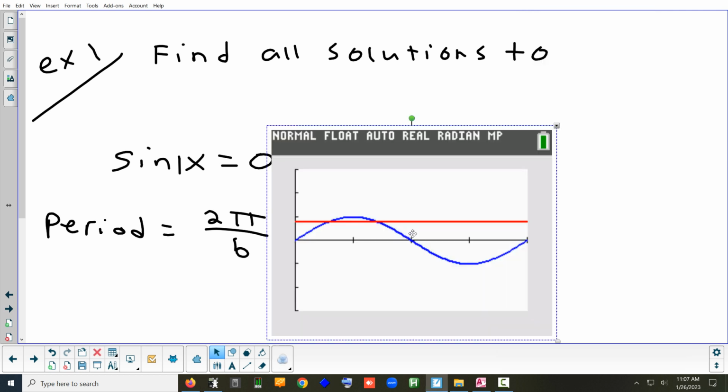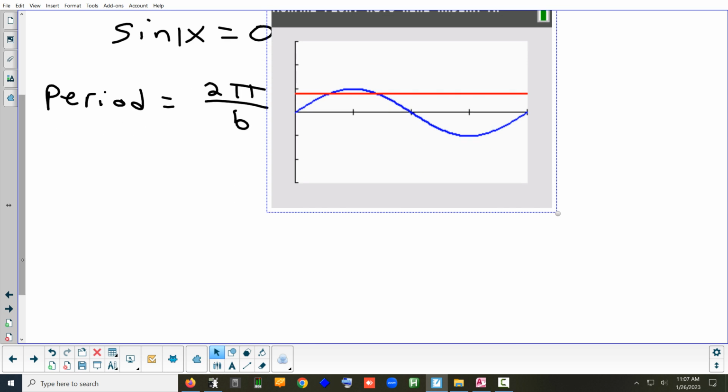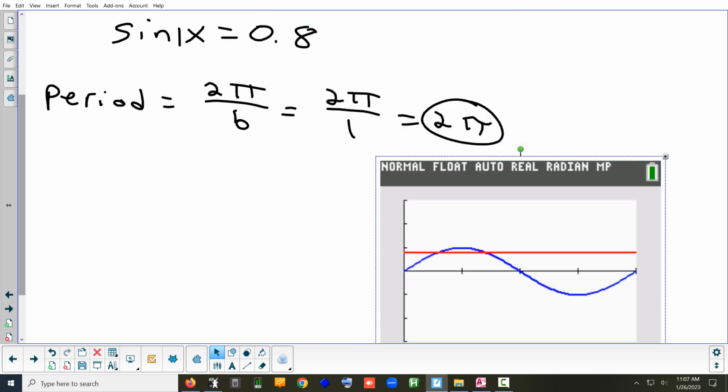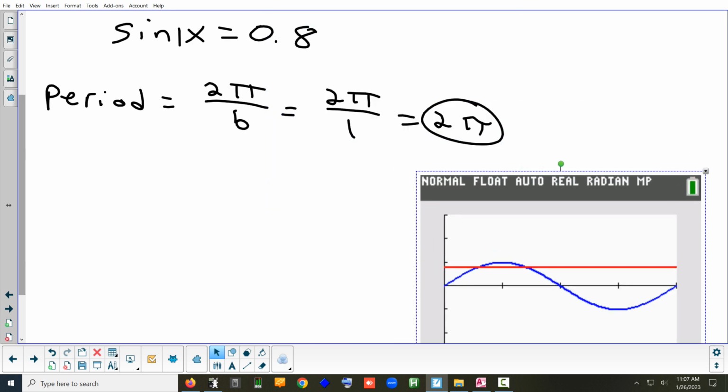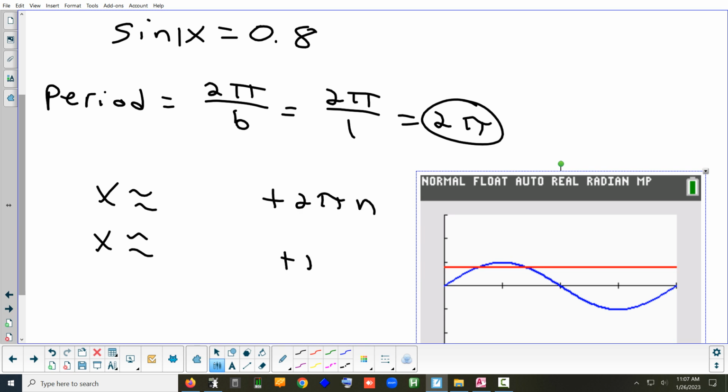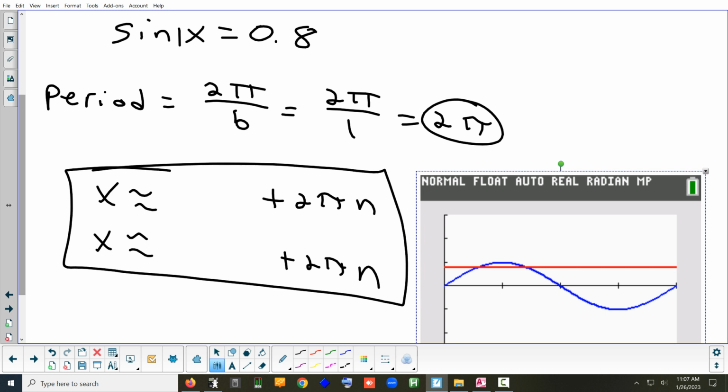Okay. So it does say to find all solutions. So right away, that means you're going to be putting a what on the end of each answer. Yeah. So plus 2 pi n. Right. So we can set that up right now so it's ready to go. That's what your answers are going to look like.